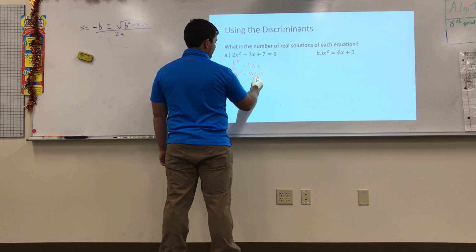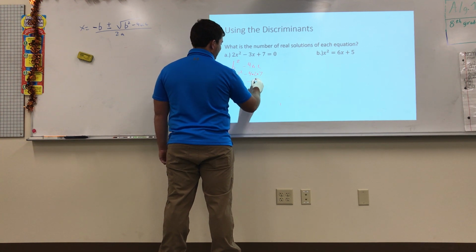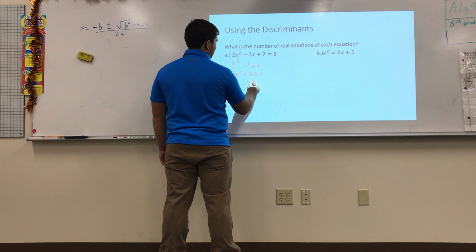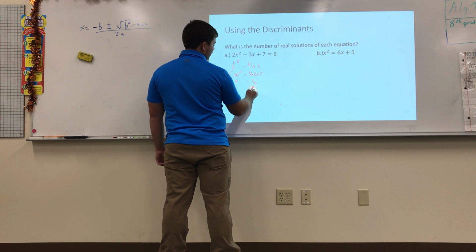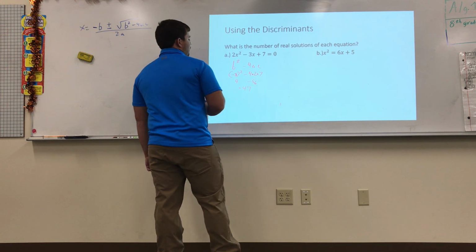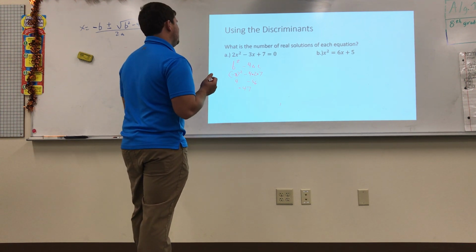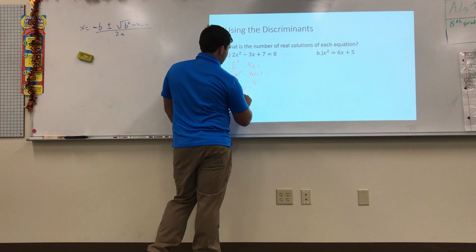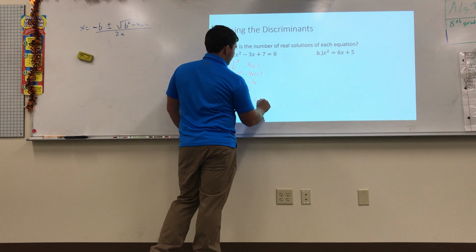So we're going to get negative 8 times 7, which is going to give me a negative 56. Over here, we're going to get 9. 9 minus 56 is going to get us negative 47. That is less than 0. So that is no solution.